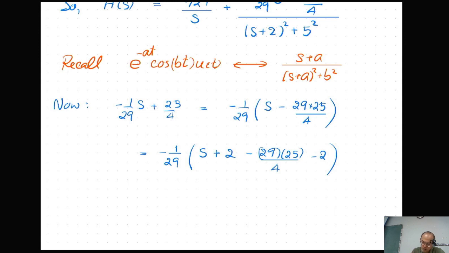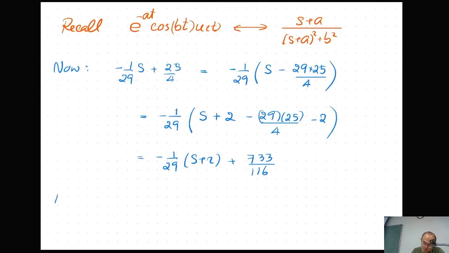Okay, so I have minus 1 over 29 times s plus 2, and then plus 1 over 29 times, I have to use my calculator, 29 times 25 plus 8, that is 733 over 4. That is 116.